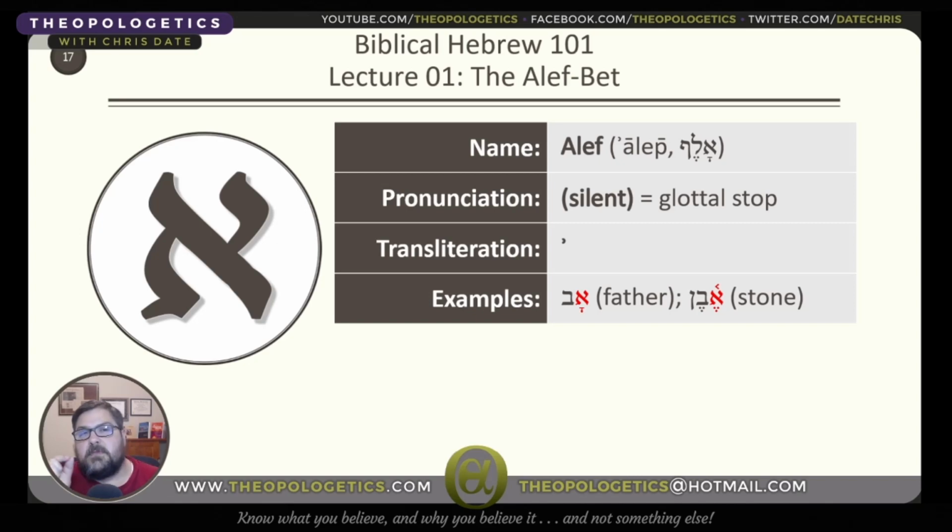You hear that very brief break between a and apple. That's a glottal stop, and that's what this character and one other character in the Hebrew Alef-Bet represent. It's not extremely critical that you remember that. You can treat it as silent. Just be aware that it is in fact a sound, and in some cases it will be more pronounced than you would think if you're thinking of this strictly as a silent consonant.